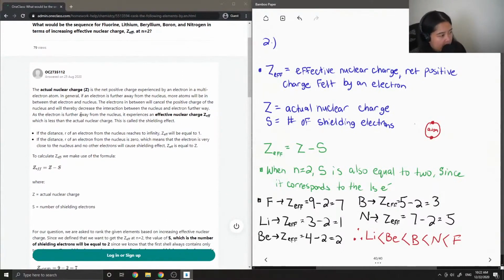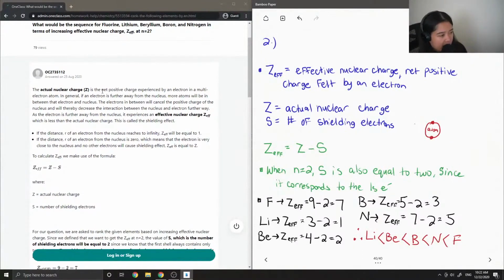Okay, so the junior tutor said the effective nuclear charge, Zeff, is the net positive charge experienced by an electron in a multi-electron atom. In general, if an electron is further away from the nucleus, more electrons will be in between that electron and the nucleus.